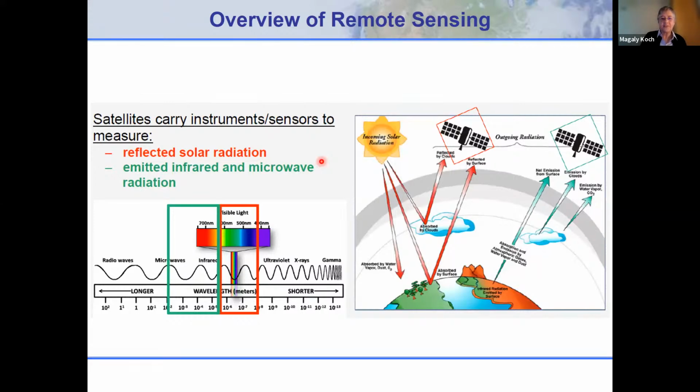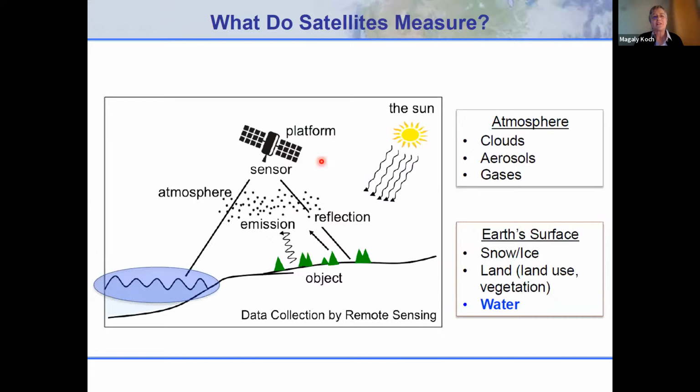And they operate in very specific spectral regions. So there's no satellite that can capture all types of energy. They are very much designed for certain purposes, goals. And this is summarized here. Scientists have been thinking about ways of characterizing components making up the atmosphere and also the Earth's surface, including not only land, but also water.